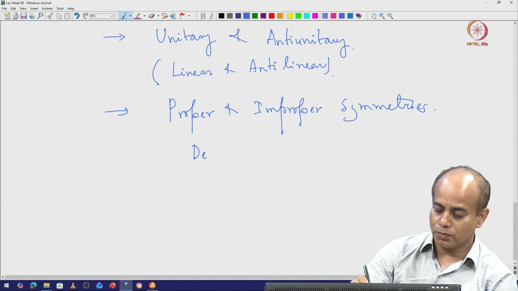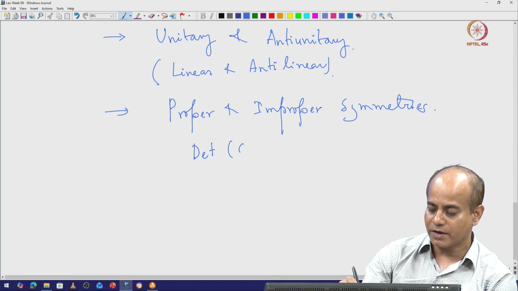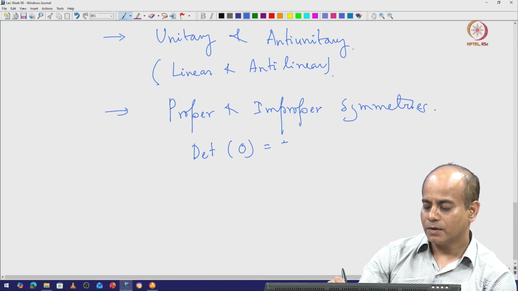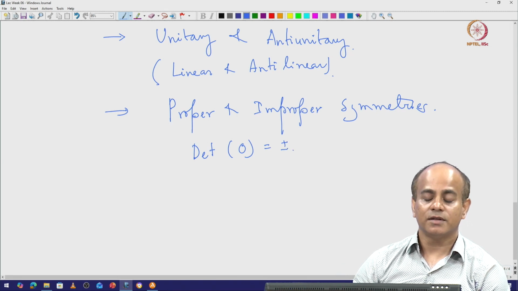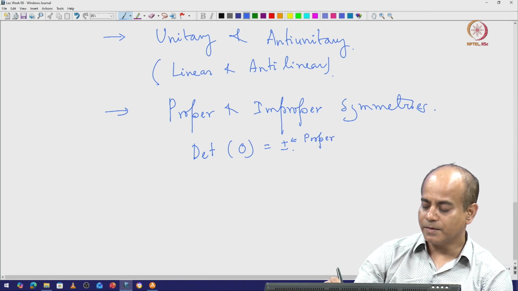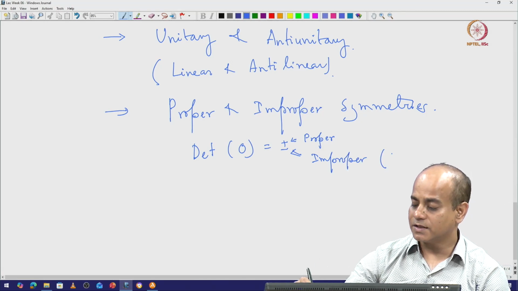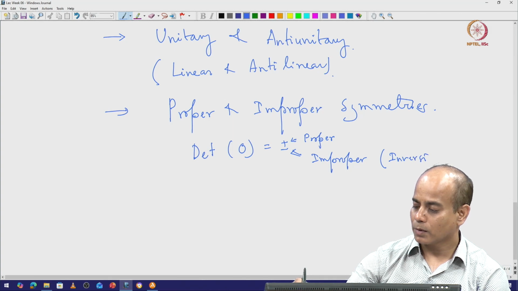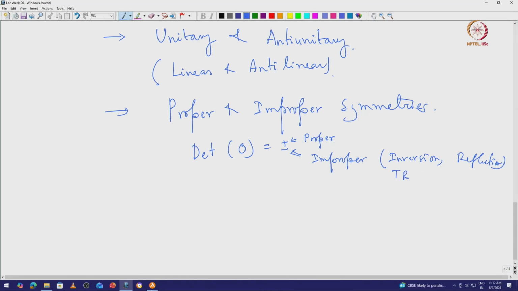So, if I have a symmetry operator O, if its determinant is plus or minus, so if it is plus, then it is proper, if it is minus, it is improper. So, inversion, reflection and time reversal, they are all improper symmetries, whereas rotations, discrete rotations and all are proper symmetries.